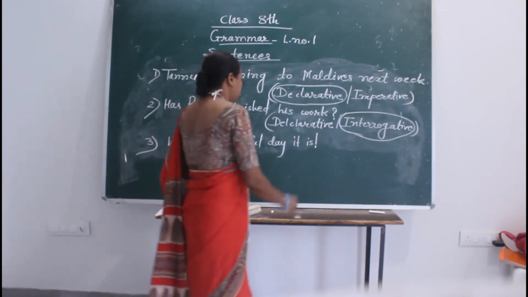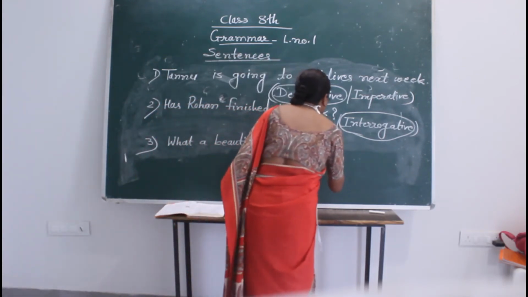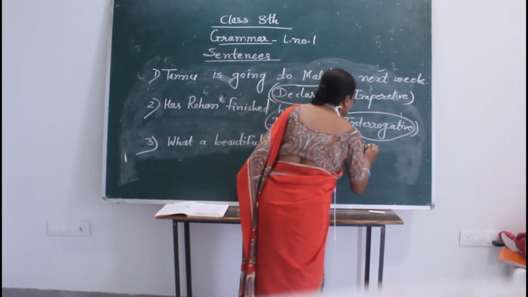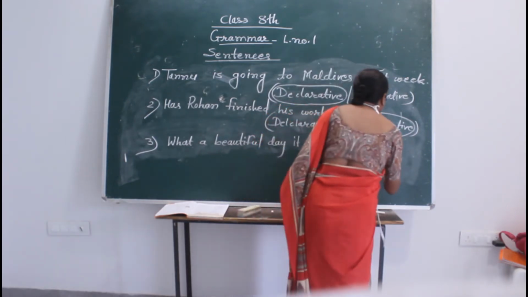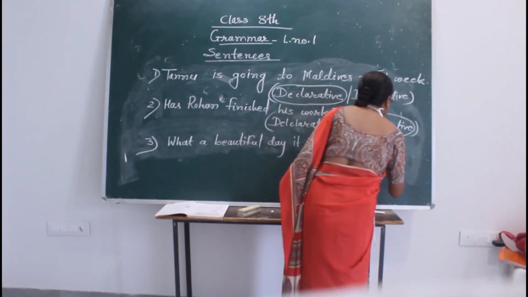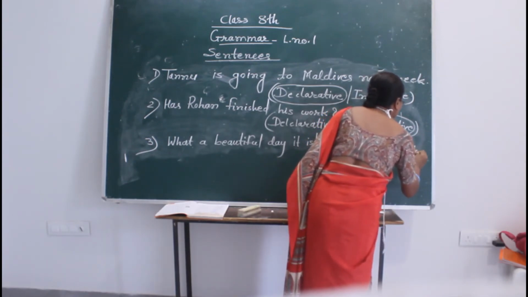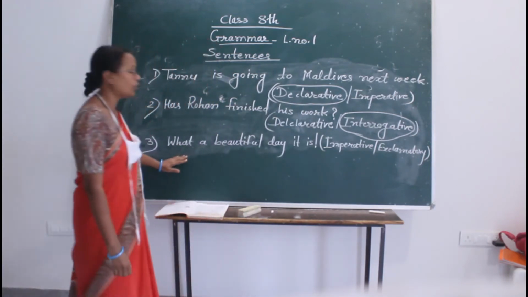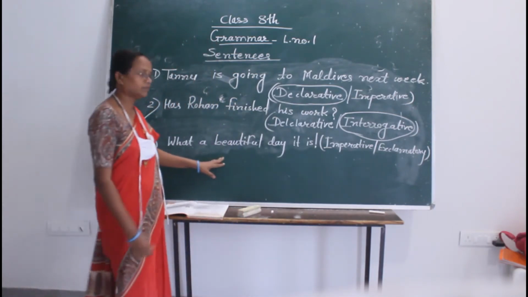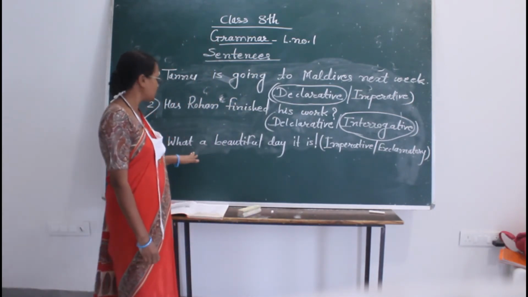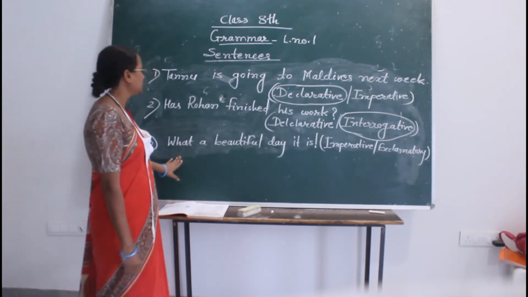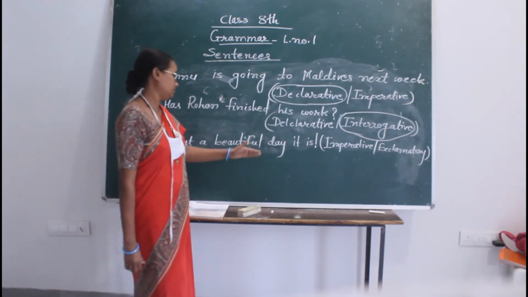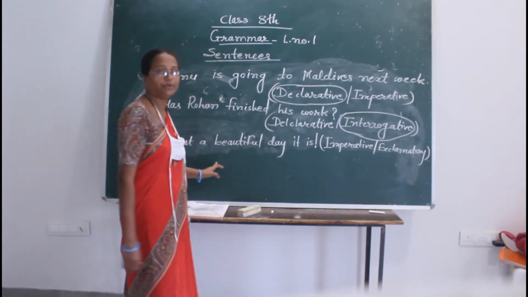The clues are imperative, exclamatory. What is this sentence conveying? What kind of message is it giving to you? That somebody has observed the day and exclaimed that the day is very beautiful.